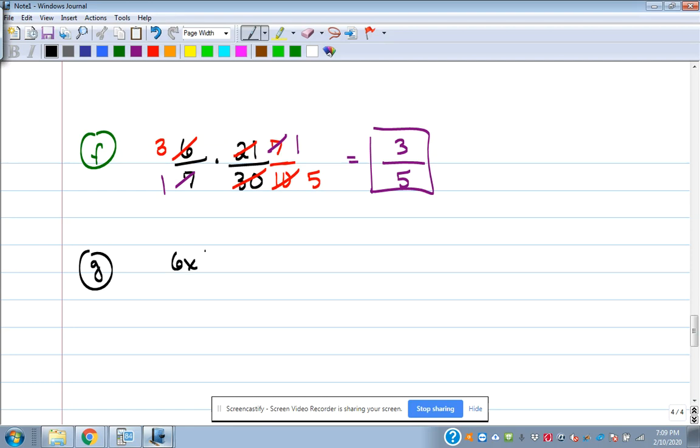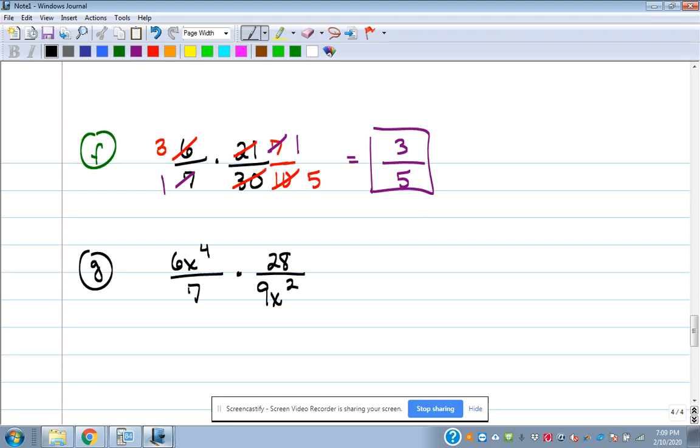So let's start with something like this. 6x to the 4th over 7 times 28 over 9x squared.